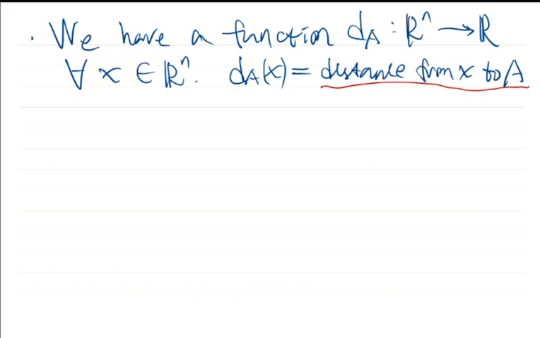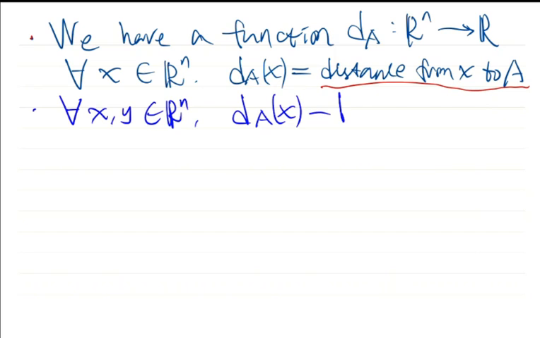From the calculus point of view, the first thing we are interested in is whether this function is continuous. Actually, this function has very good properties. We will show that. For any x, y in R^n, the absolute value of the difference of the function at these two points is not greater than the distance from x to y.